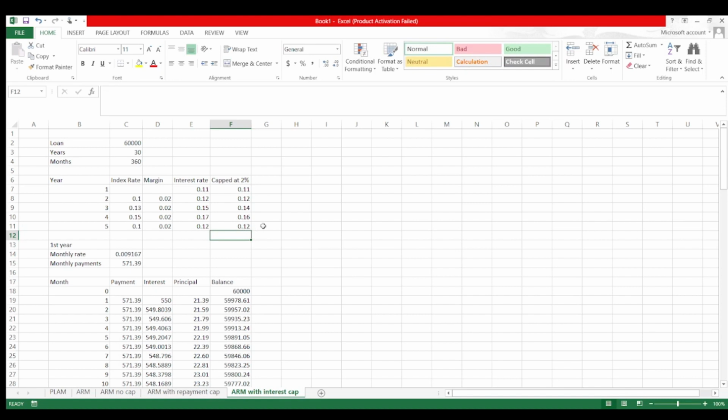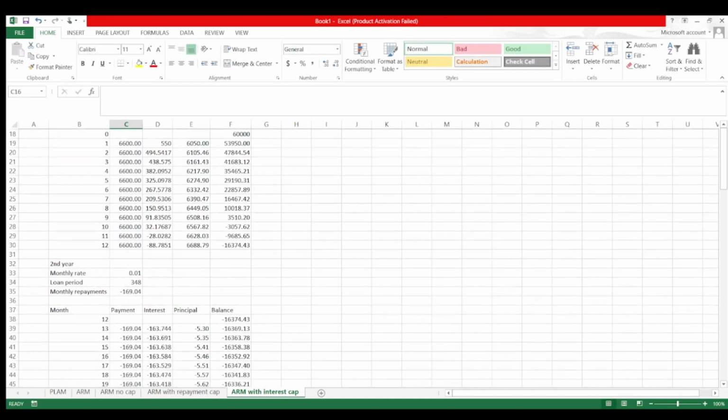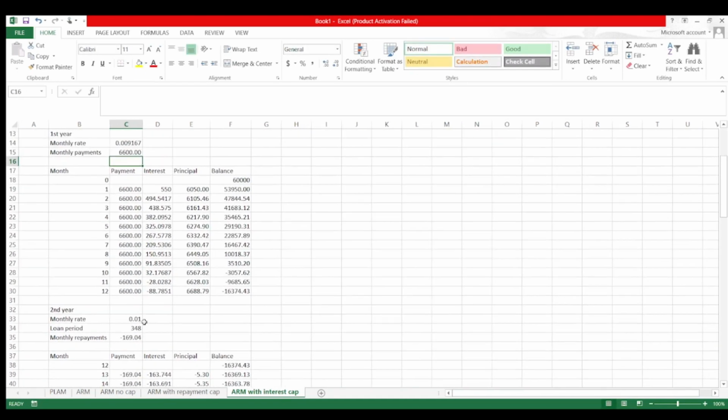So in such an example, we'll now calculate the monthly repayments, not based on the actual interest rate, but on the capped interest rate. So here, we need to change our rate to the actual capped rate. And we do that for all the other months.